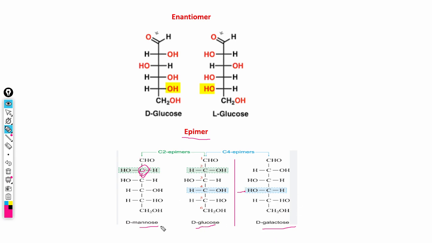But note that the mannose and the galactose are not epimers because they differ by the C2 and C4. That means there are two different carbons. So that's why mannose and galactose are not epimers of each other. But the mannose and the glucose are epimers to each other, while the glucose and the galactose are also epimers to each other.